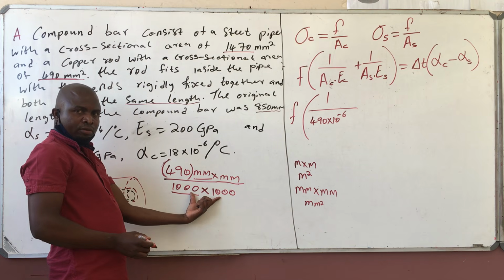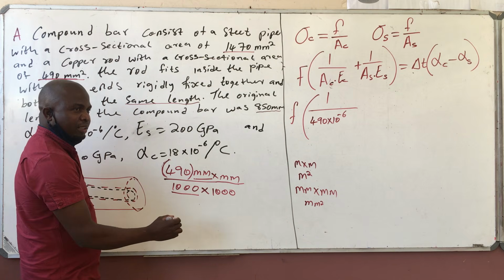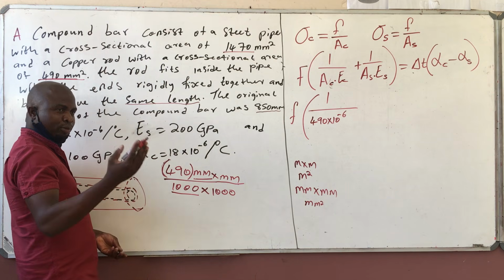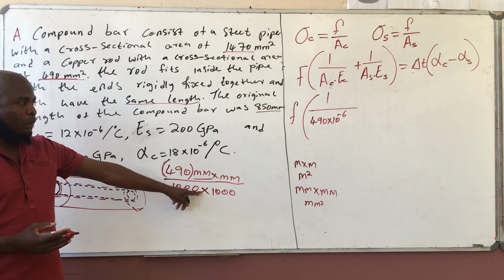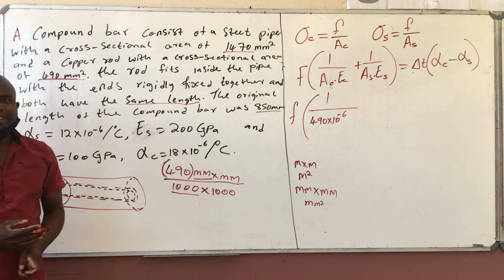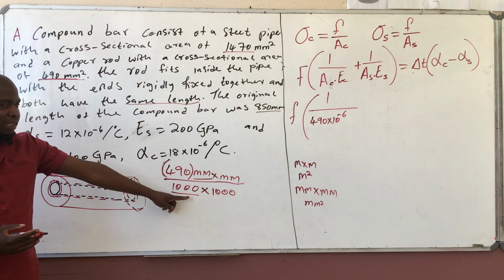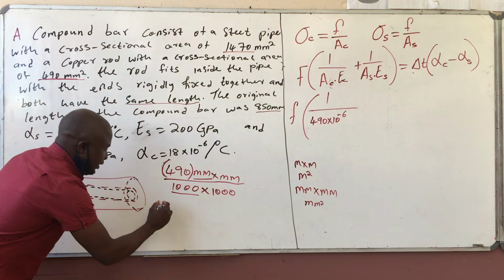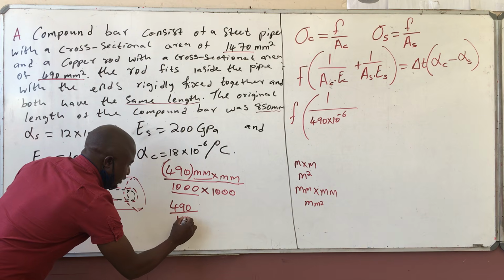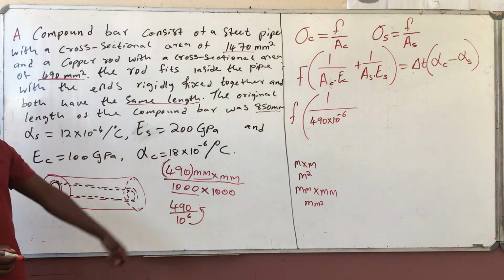And what does this give you? 1 million. When you write this in exponential form, it will be 490 over 10 to the power 6. So when you take this as numerator, it's negative, right?